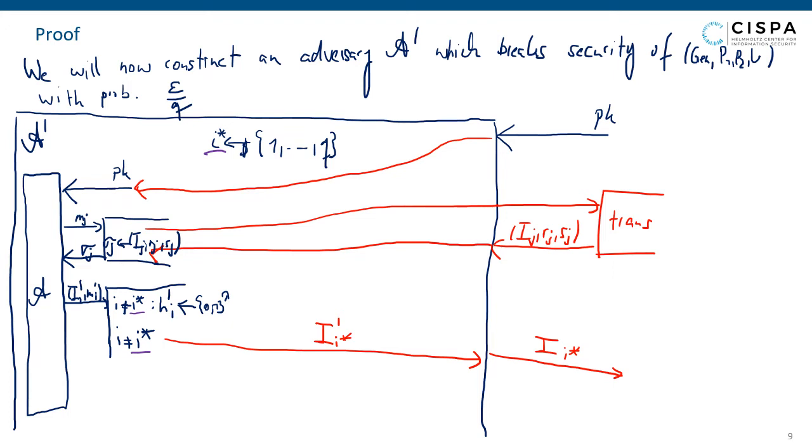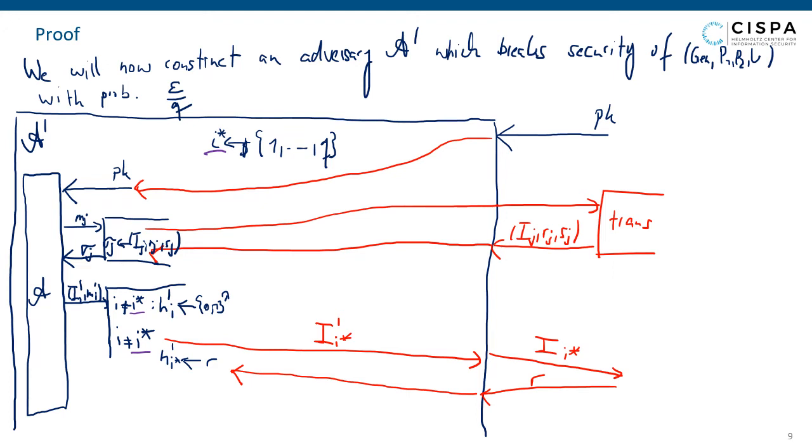Upon this, the challenger will answer with a uniformly random R, and this R comes back here. We set H I asked prime to R. Okay. Good.